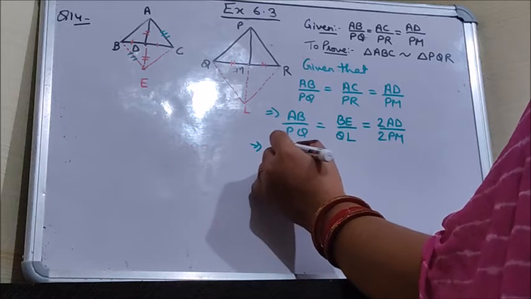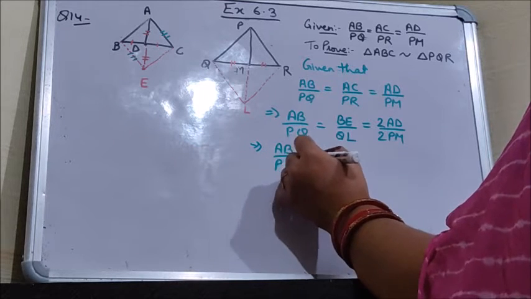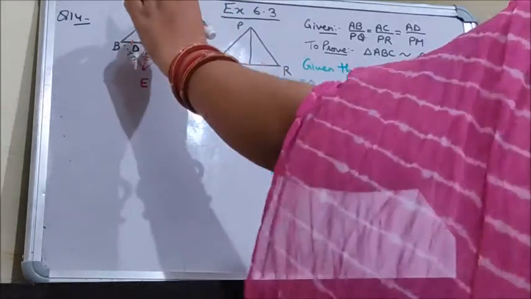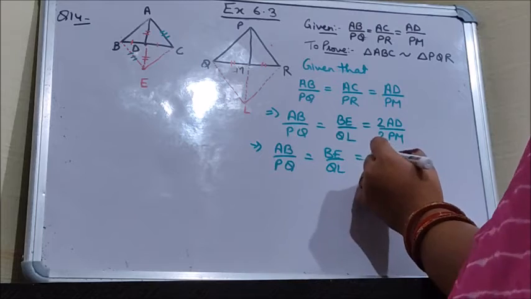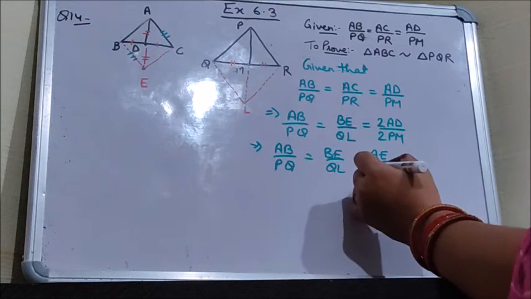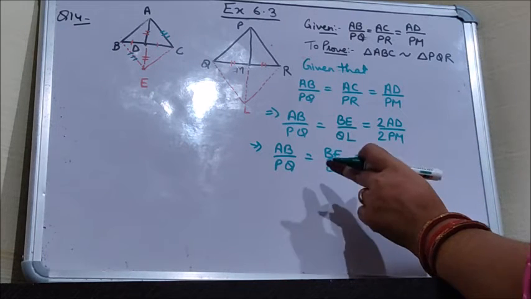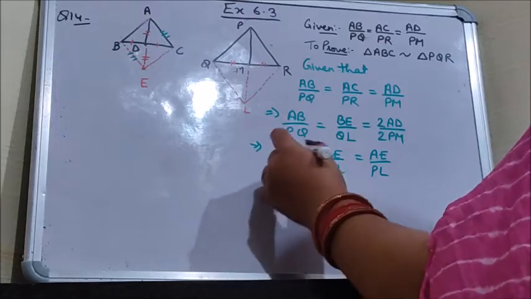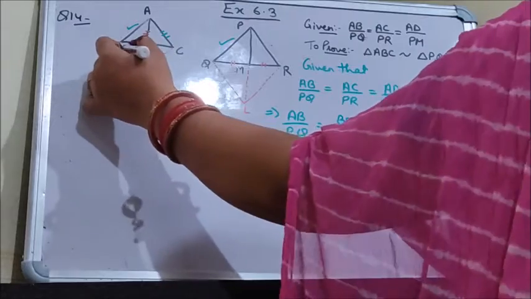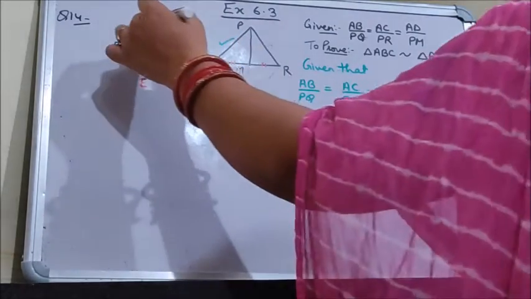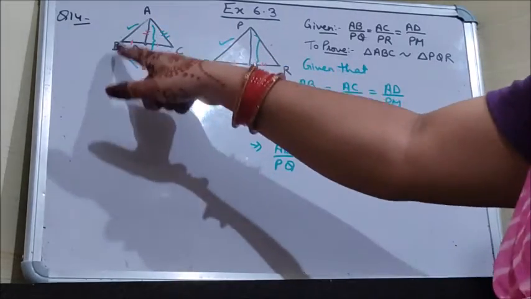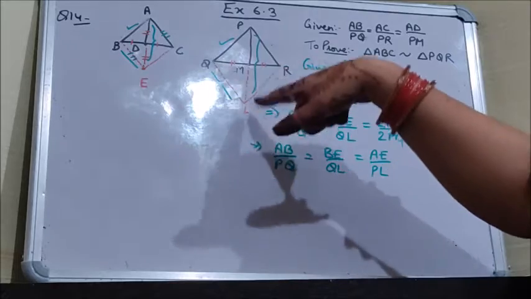So the equation becomes AB upon PQ is equal to BE upon QL is equal to AE upon PL, since 2 times AD is AE and 2 times PM is PL. So we have proved all 3 sides of these triangles proportional.